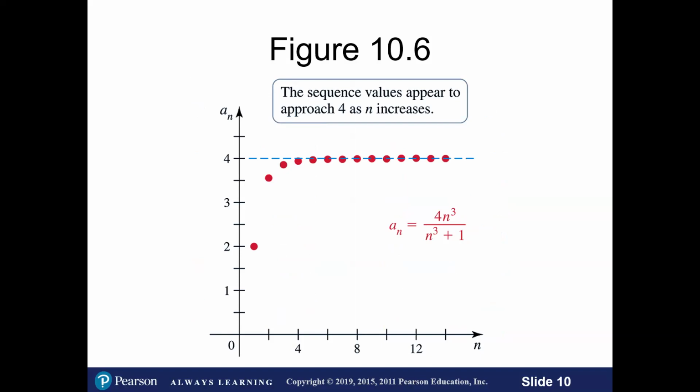If we keep plotting out increasing values, you'll see that the sequence appears to get ever closer, but not quite making it to 4. And so we would conclude that the limit of this sequence is 4.